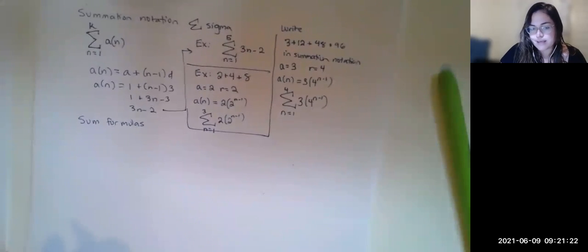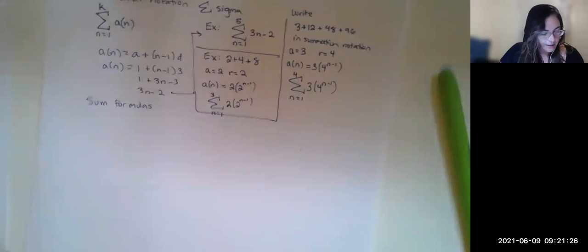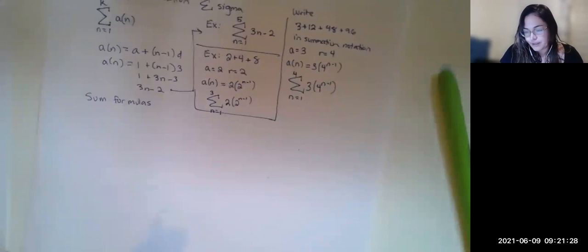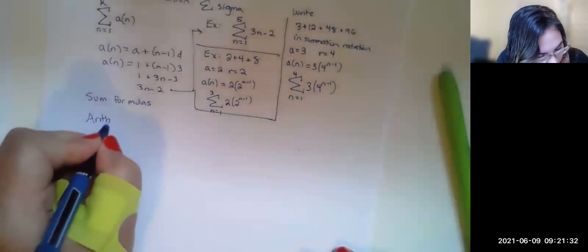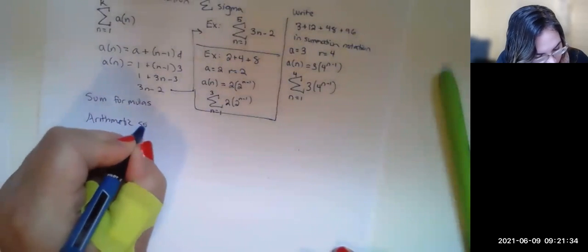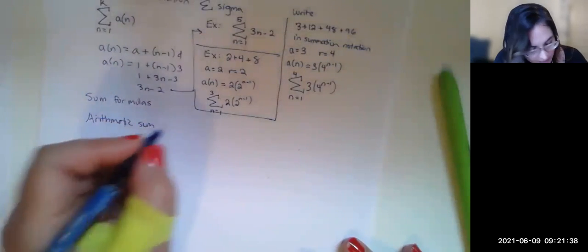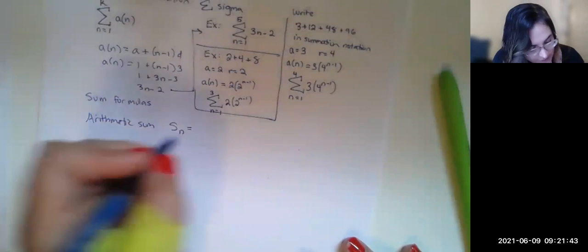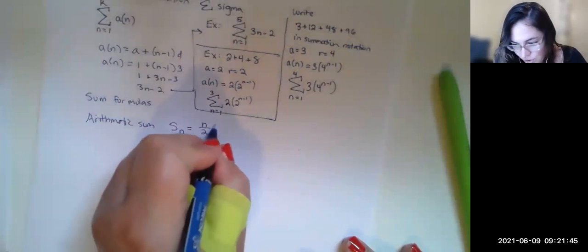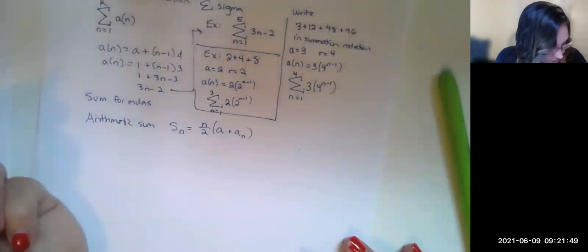The next thing I want to talk to you about is sum formulas. If you want to take an arithmetic sum, the formula for the sum of n terms of an arithmetic sequence will be n over 2 times the first term plus the nth term.